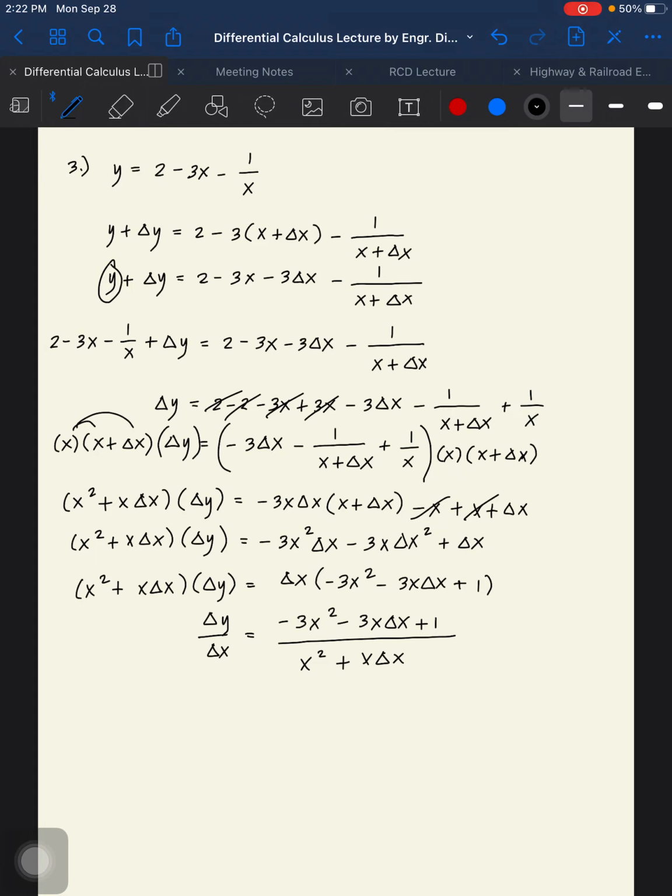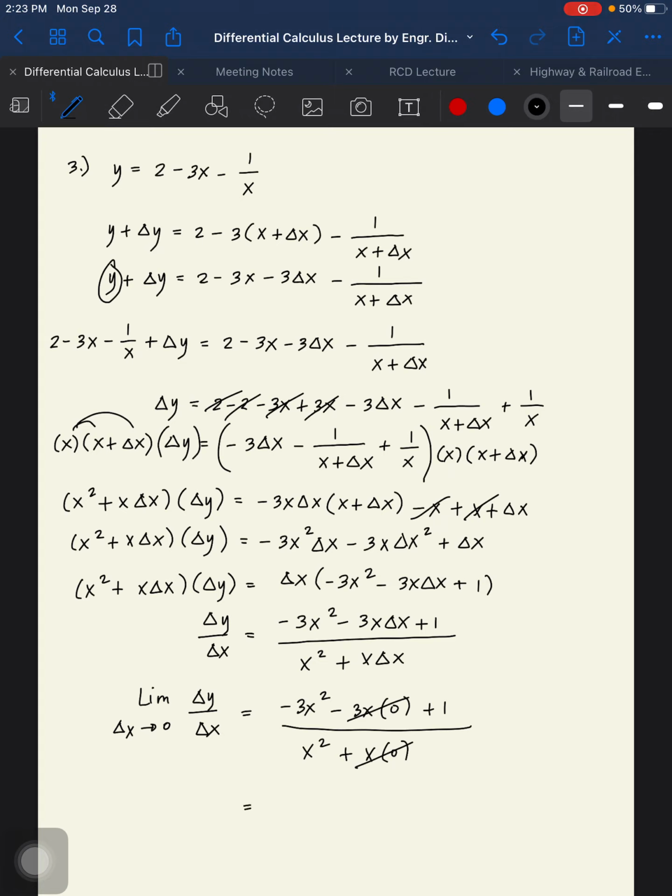Then the last step is to take the limit of delta y over delta x as delta x approaches 0. So we have negative 3x squared minus 3x, where delta x becomes 0, plus 1 over x squared plus x times 0, so this already becomes 0.